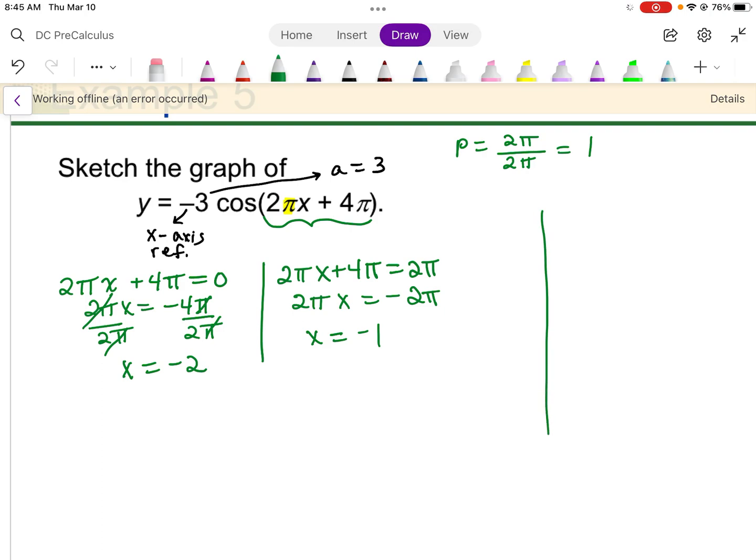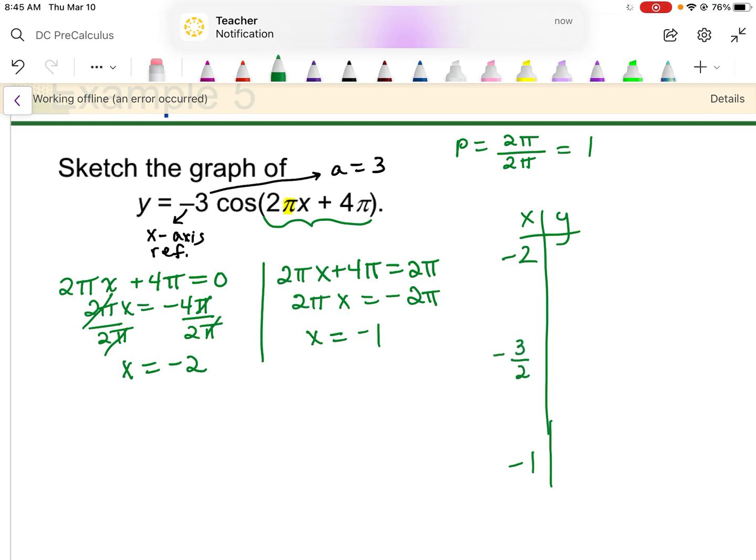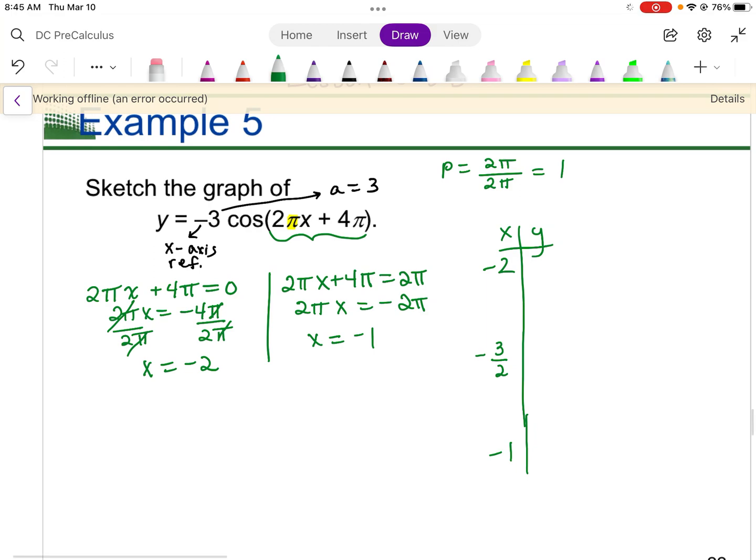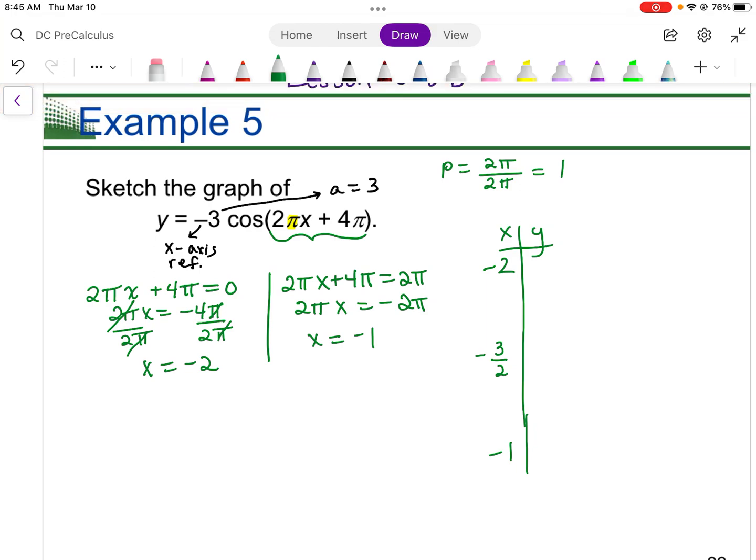So when you make your xy table for this graph, we're going to go from -2 to -1. All right, halfway between -2 and -1 is -3/2, so -1.5. Halfway between -1.5 and -2 is -1 3/4, so that's -7/4. And then halfway between -1 and -1/2 is -1 1/4, so -5/4.